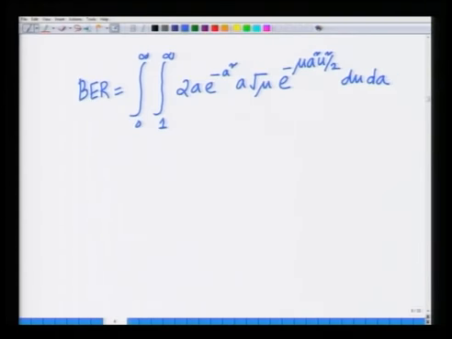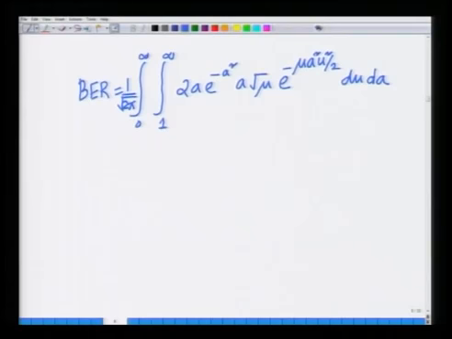Alright. So, now I have simplified the bit error rate as this double integral, which is 0 to infinity, 1 to infinity, 2a e power minus a square, square root of mu, e power minus mu a square u square by 2, du da, and there is a factor of 1 over square root of 2 pi.